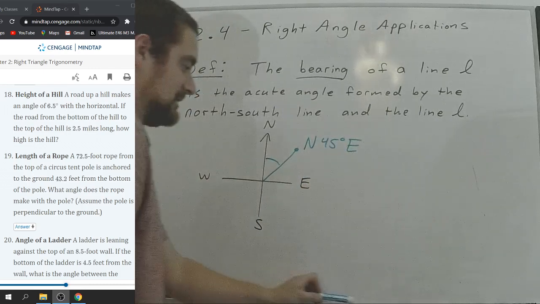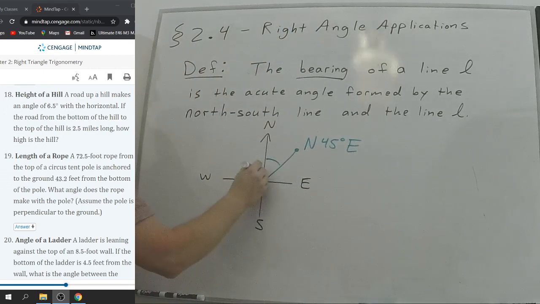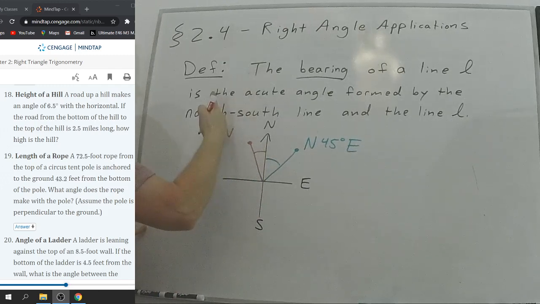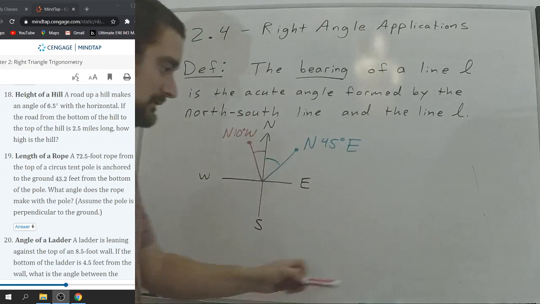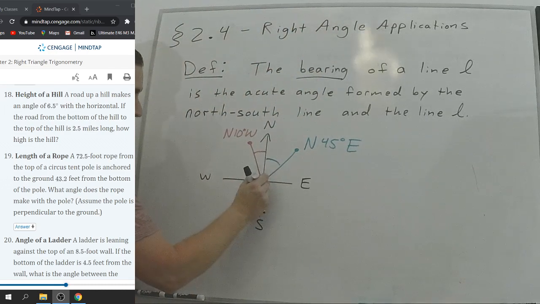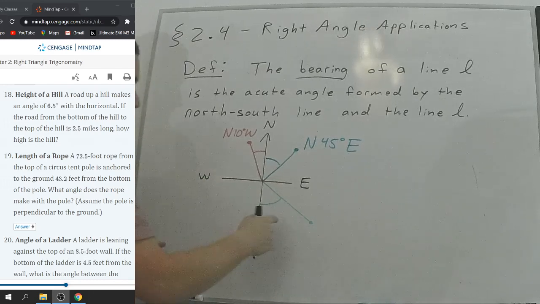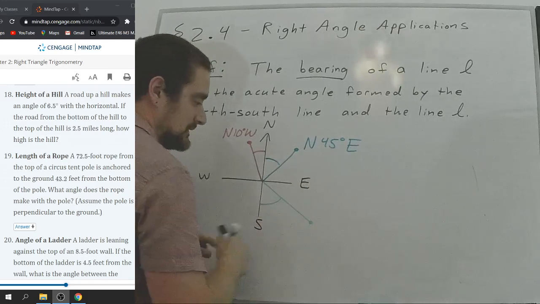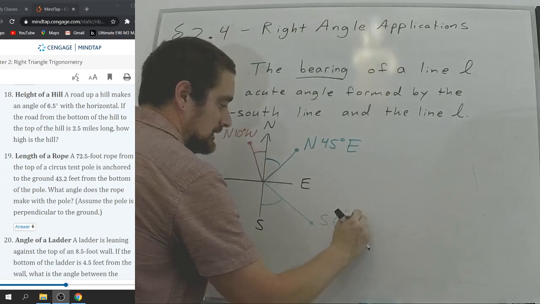Or if I have an object that is traveling north bearing 10 degrees west, we write it out like this. Or somewhere down here, we might say that we have an object that is traveling south and then 60 degrees east. So we have an object bearing south 60 degrees east.